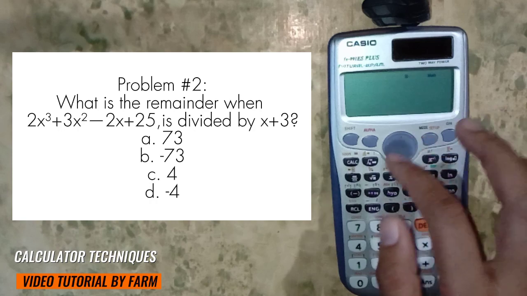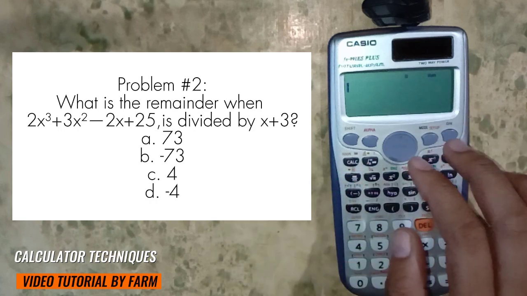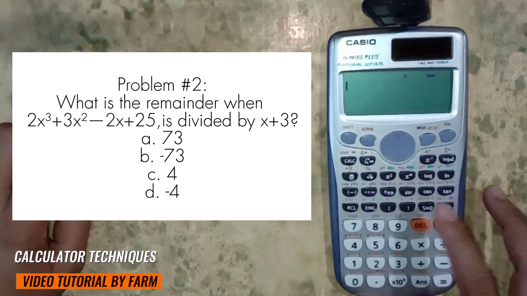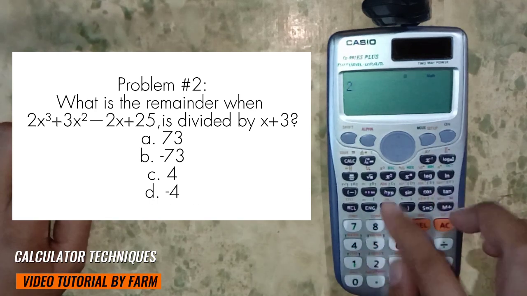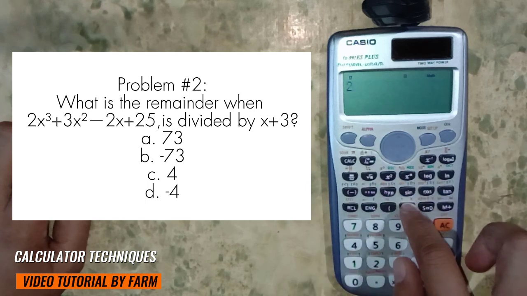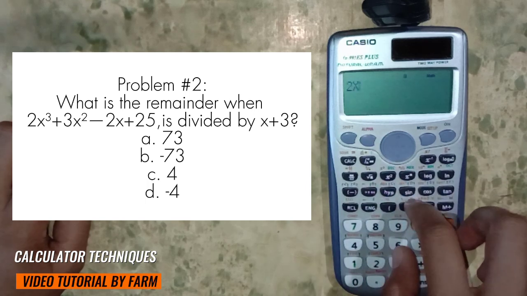So all you need to do is to input all the function given here. So press the 2, then getting the x is alpha, then close parenthesis to get the x.